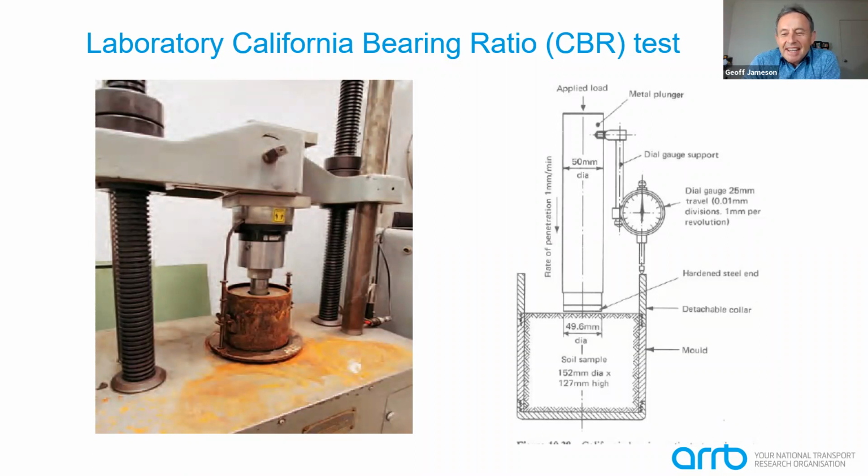Nevertheless, the test itself is you apply a load to a plunger and you estimate or measure the load for a given penetration of that plunger into your prepared specimen.